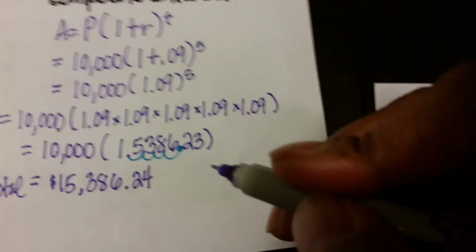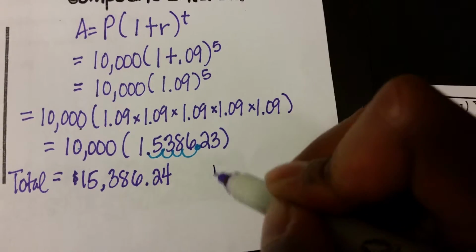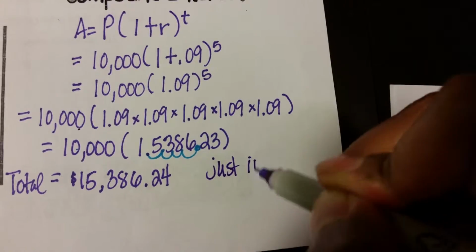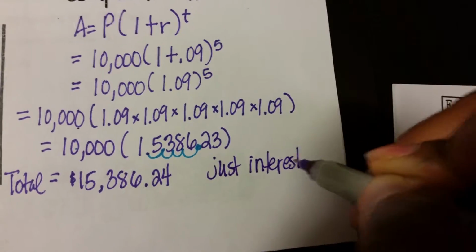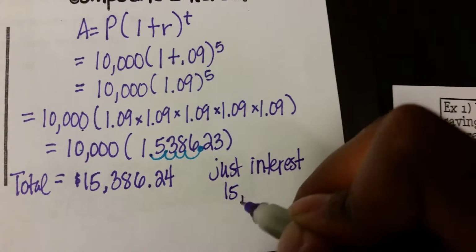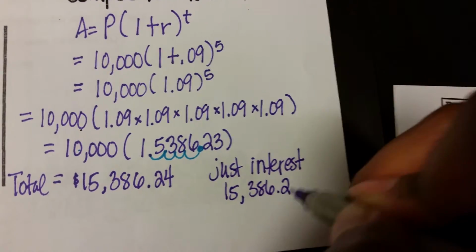All right. So if we wanted to do just the interest, it would be the 15,386.24.